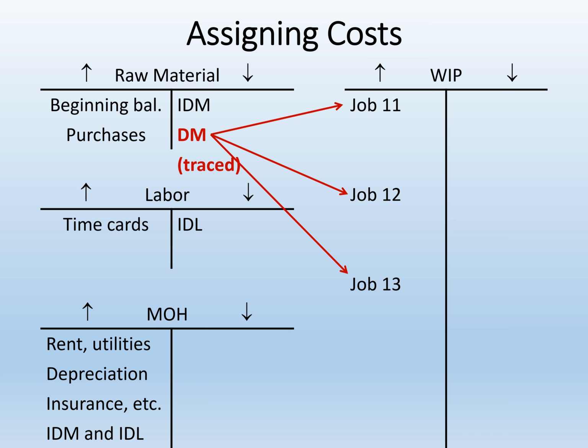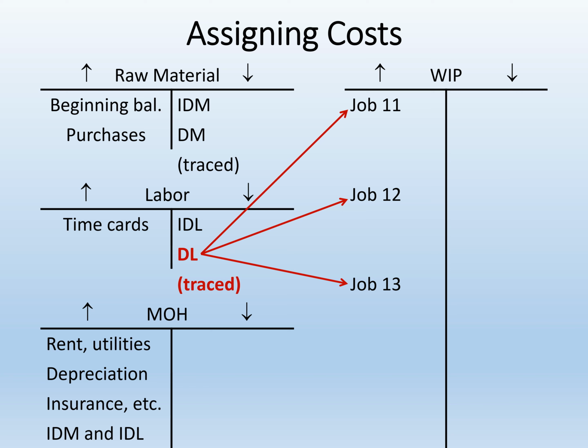The dollar value of the materials that are used for each job can be traced because the firm has paperwork to show what materials and how much of the materials were put into each job.